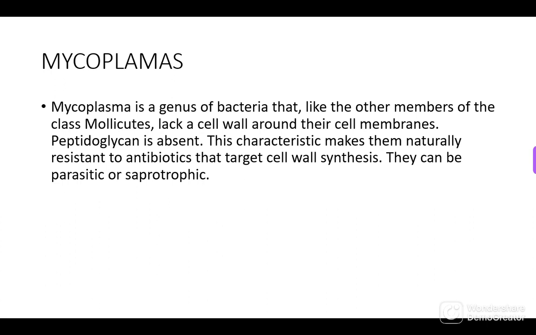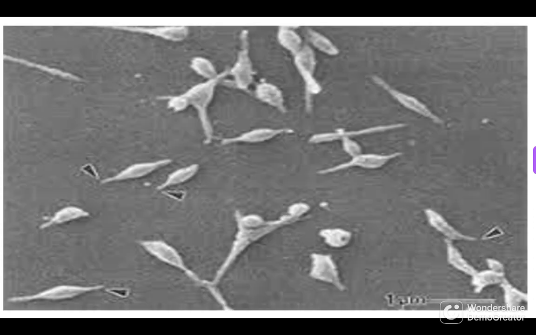They can be parasitic or they may be saprotrophic, present in the soil and environment. Now this is the structure. The cell walls are incomplete. They are branching filament-like organisms which you see as gram-negative organisms.